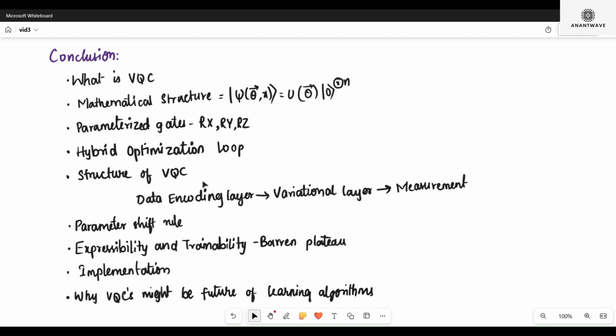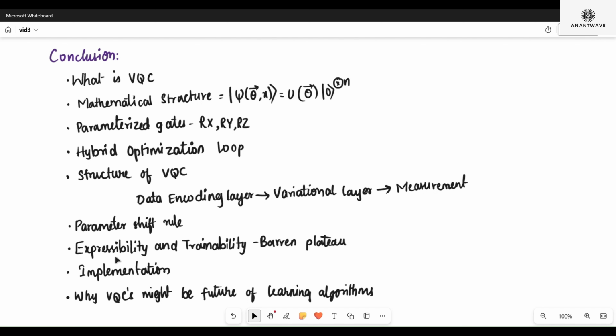And then the structure of a VQC: the data encoding layer, which maps classical data into quantum states; the variational layer, with trainable gates and entanglement; and measurement, which extracts the observable for cost evaluation. Then the parameter shift rule, a quantum-native method to compute gradients by evaluating the circuit at shifted parameters. Then we discussed expressibility and trainability.